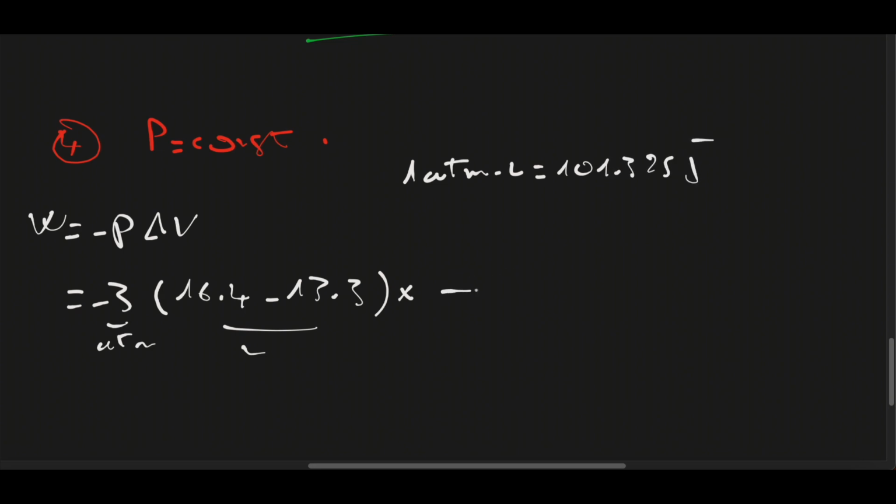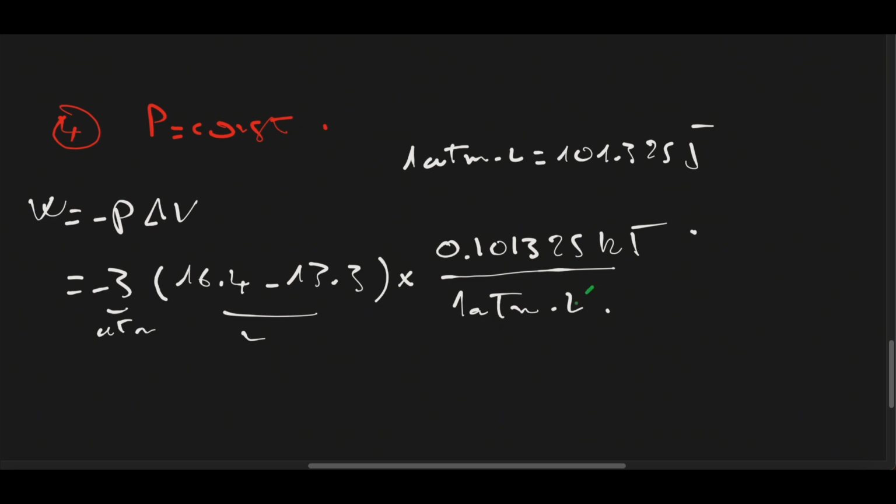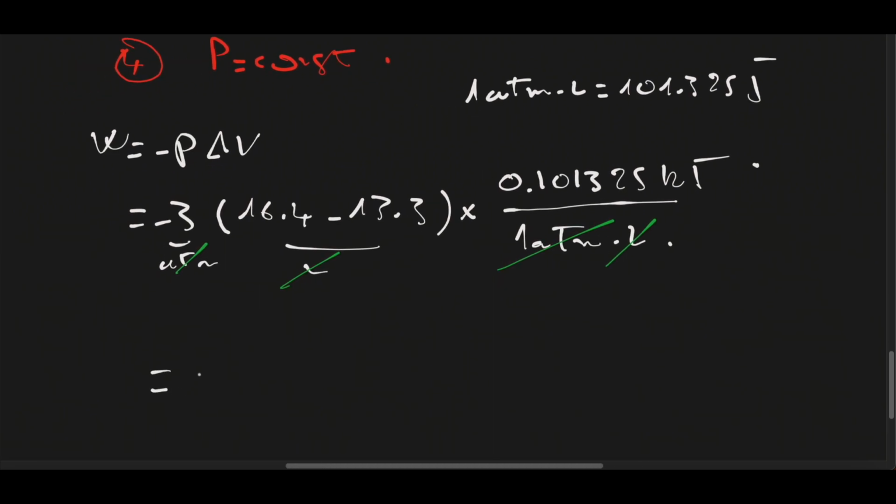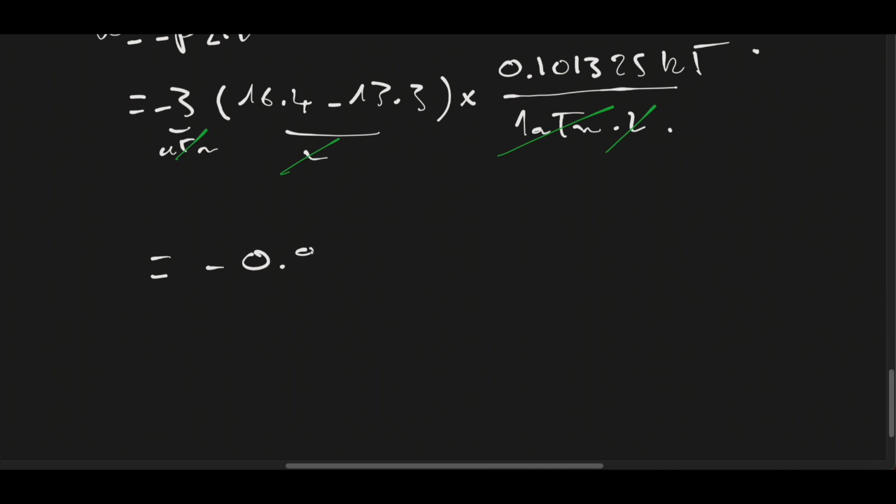So here I will multiply by this conversion factor. But because we are working with kilojoules, it's better to write the value in kilojoules. So now we can simplify. At the end we get a value in kilojoules, which is equal to minus 0.94 kilojoules.